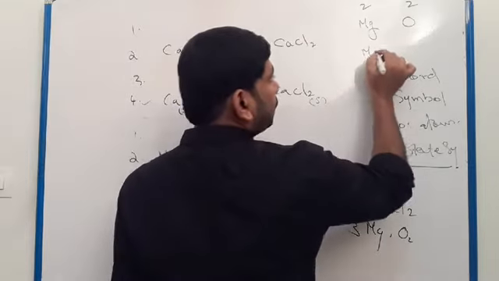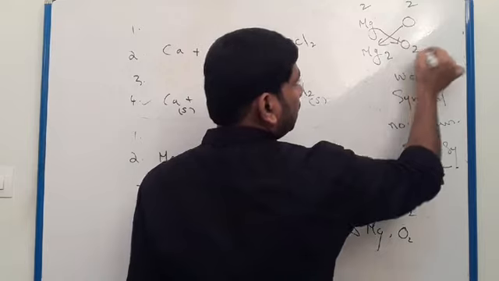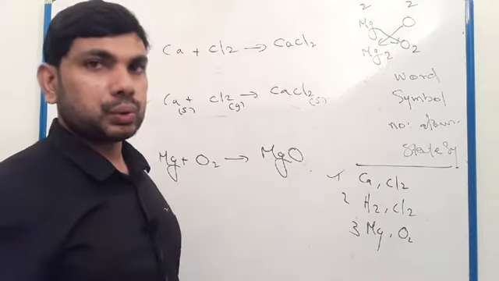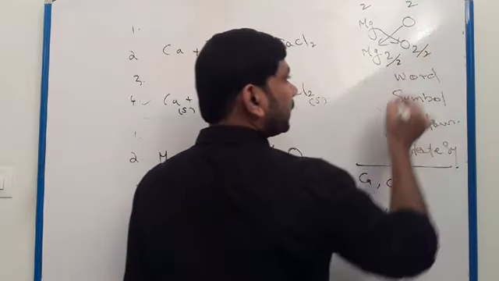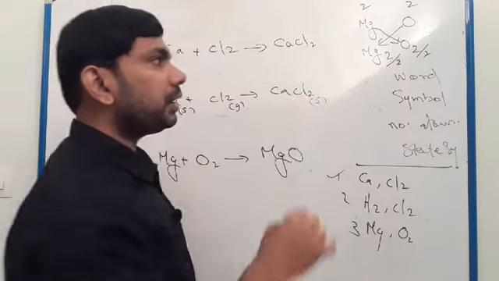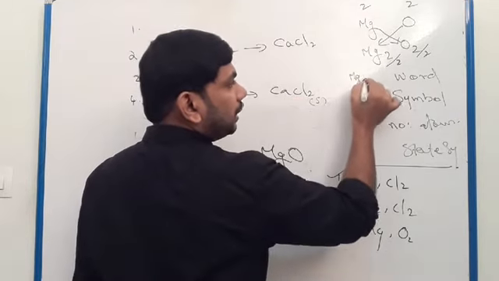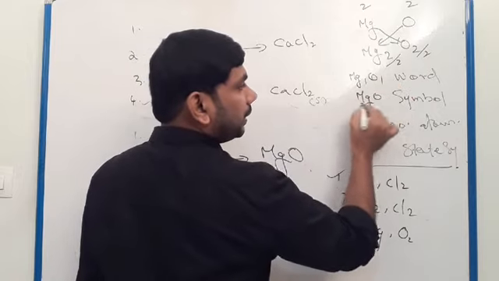So to make the formula, cross multiplication gives Mg2O2. Both are 2, so you can simplify with a common number, 2 divided by 2. So it will be Mg1O1. 1, no need to write it.